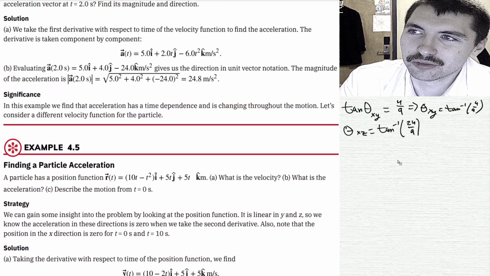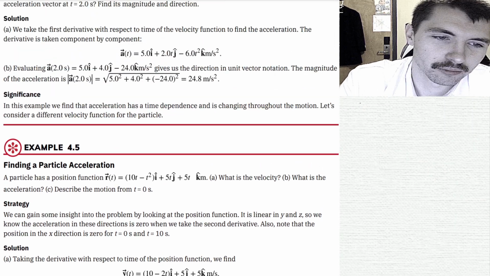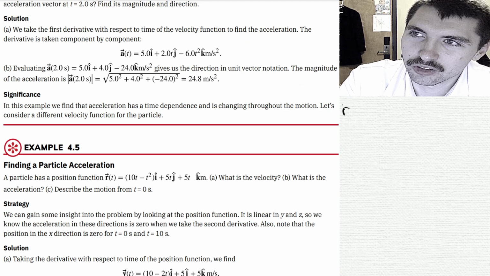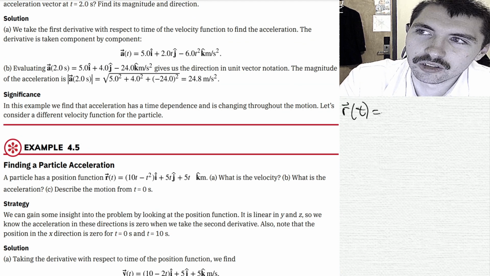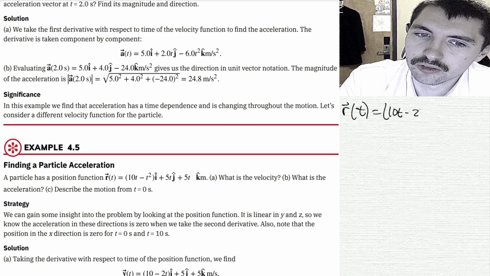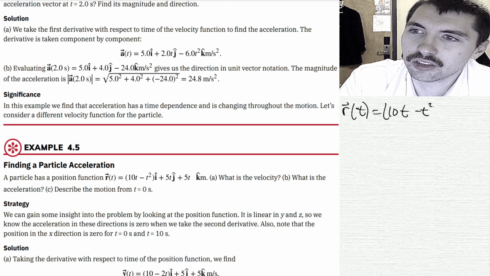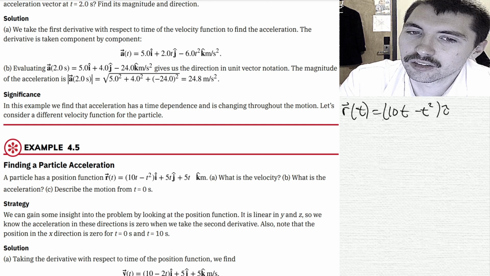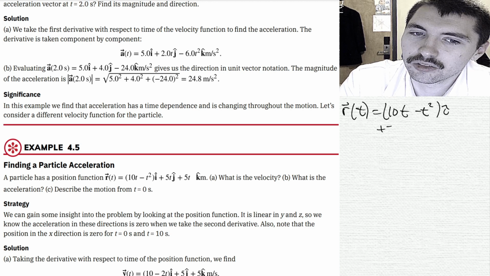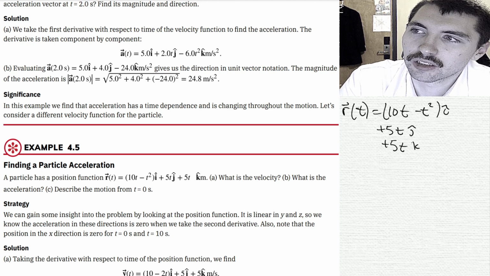Okay, so a particle has a position function of 10t minus t squared i plus 5t j plus 5t k hat meters. What's the velocity and acceleration?